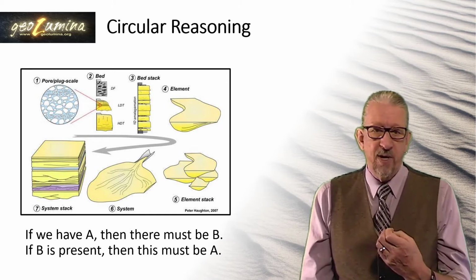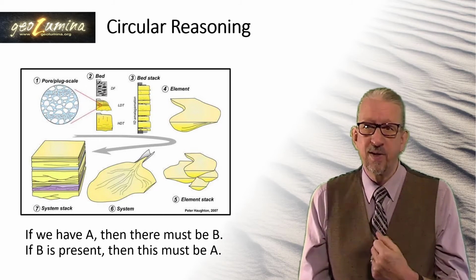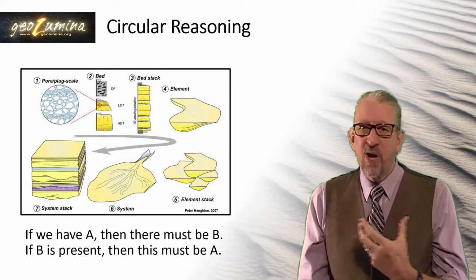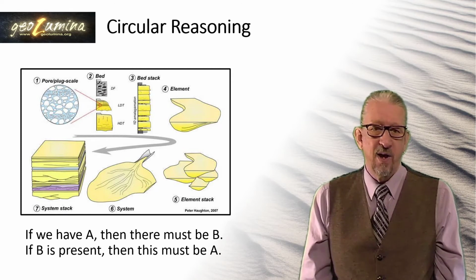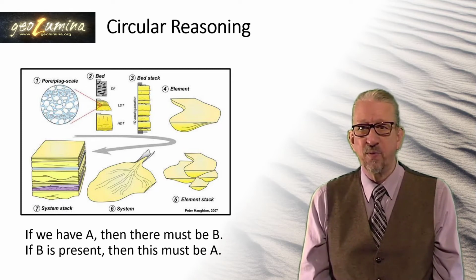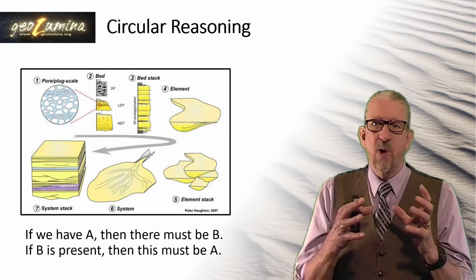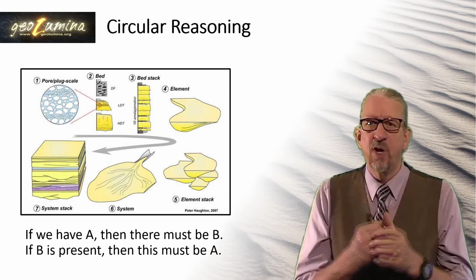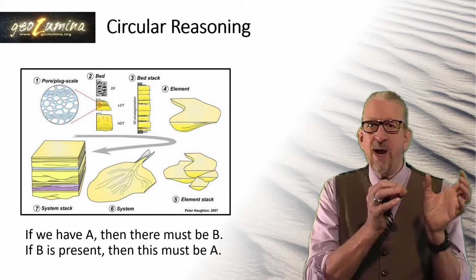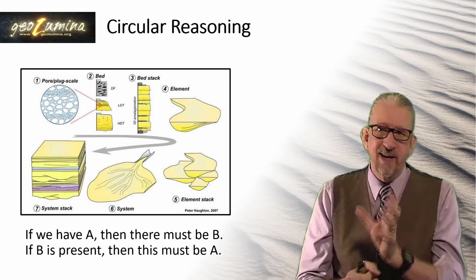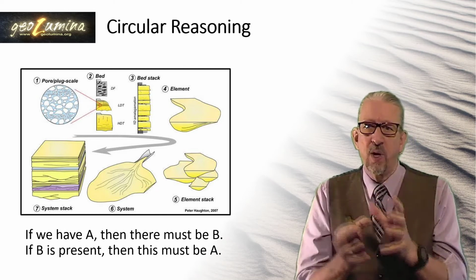Now, this is an illustration here from Pete Horton, a very clear thinking guy who I had the good fortune to share an office with many years ago. But he has a great way of constructing really great, clear, logical diagrams that tell a story and make it clear to us what's going on.